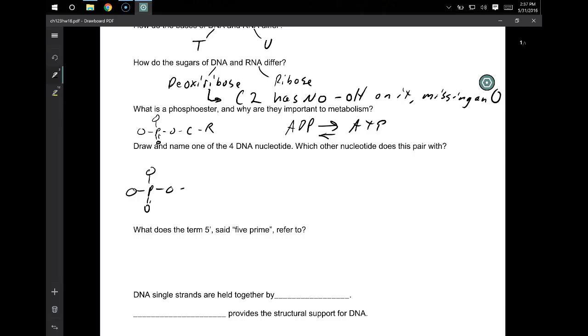And where's that going to connect on my deoxyribose? No?